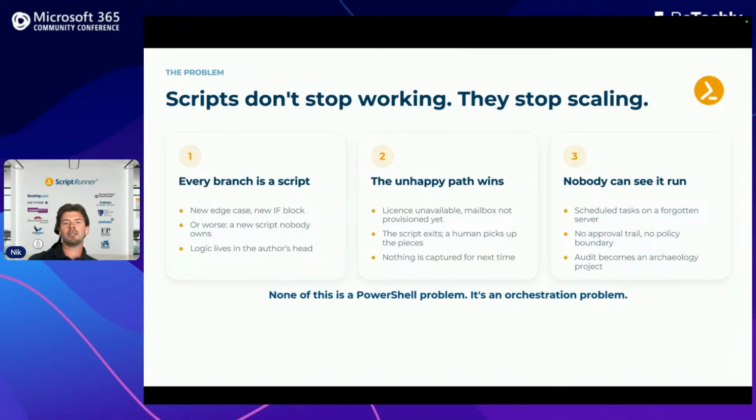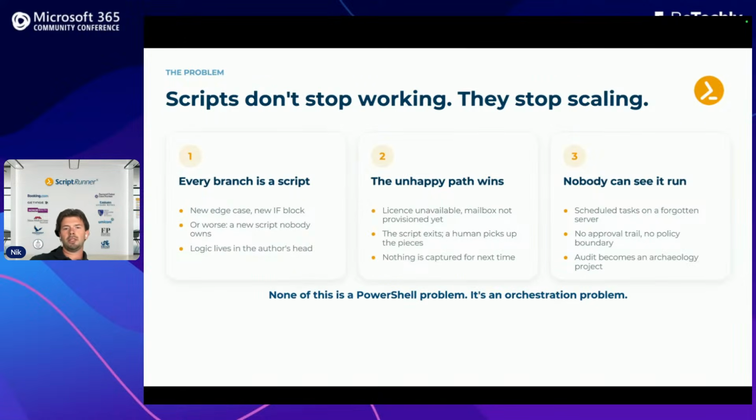The second reason is the unhappy path always wins, right? So when we create automation, first of all, the MVP, we focus on the happy path, and the happy path mostly covers 80 to 90% of the use cases. What I mean by happy path is where the case goes as we planned it to be, right? So without any errors, without any unexpected inputs, outputs.